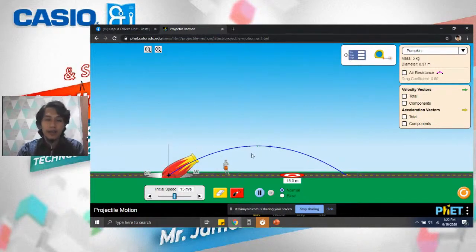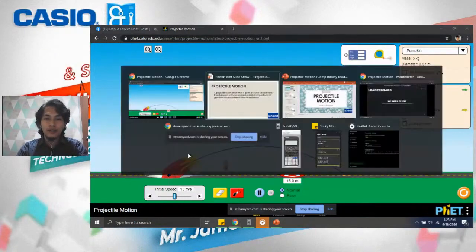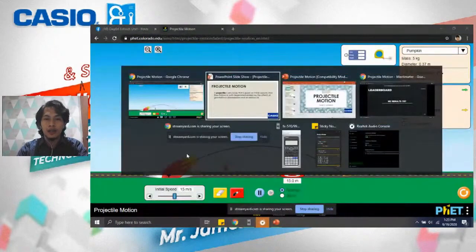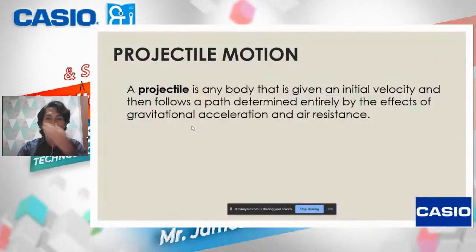When this is our setup, our motion is projectile motion. The object is undergoing projectile motion. I will not highlight the use of the simulation too much, because our focus today is the use of our software.